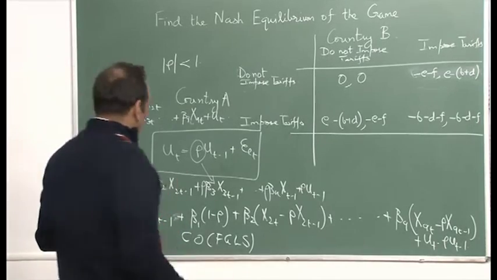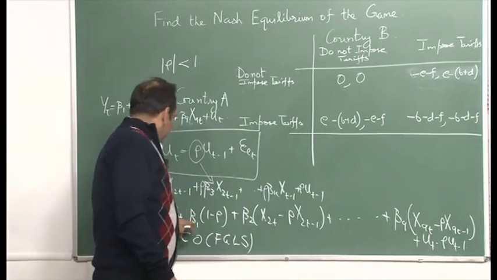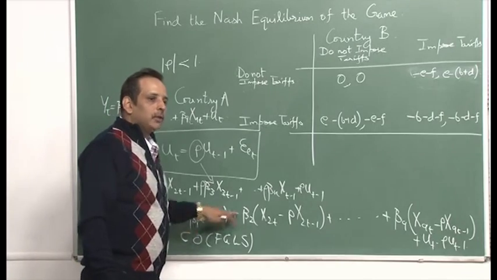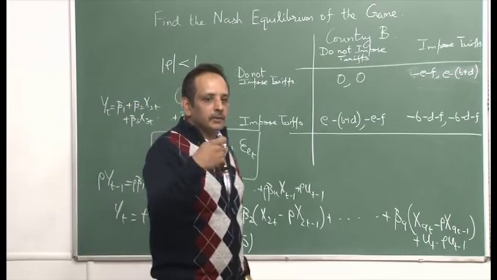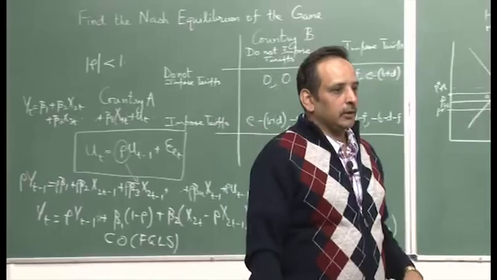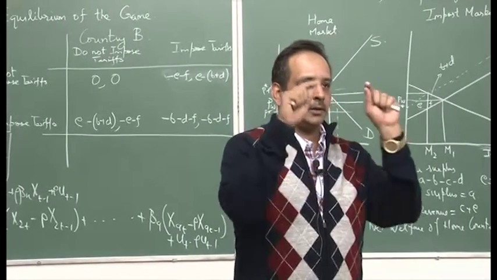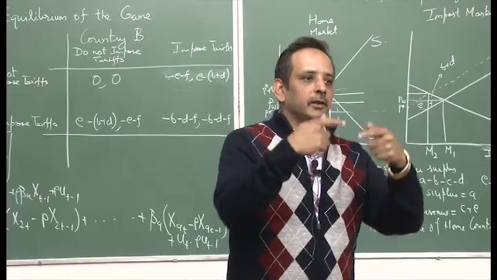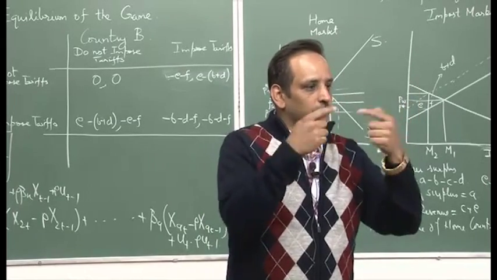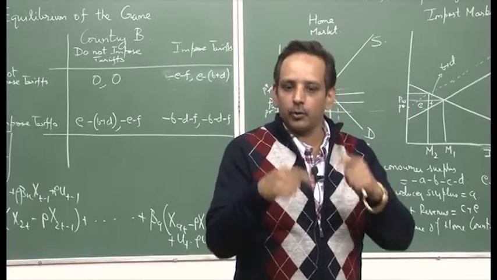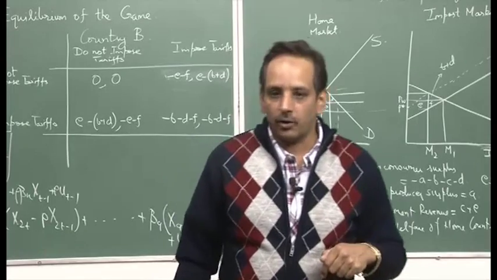Nonlinear least squares is like you start by giving initial values for all the parameters and then you minimize the residual sum of squares. That is like trial and error: start with the initial value, see whether the residual sum of squares is minimized or not, keep doing it, but that is not an easy way.